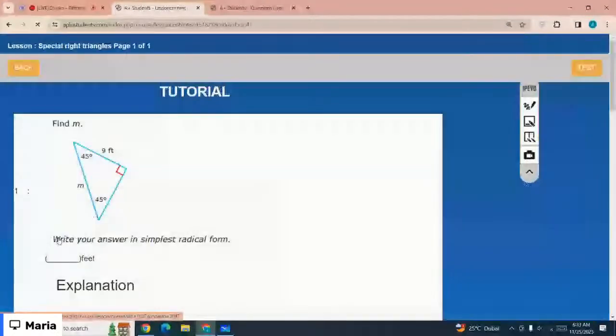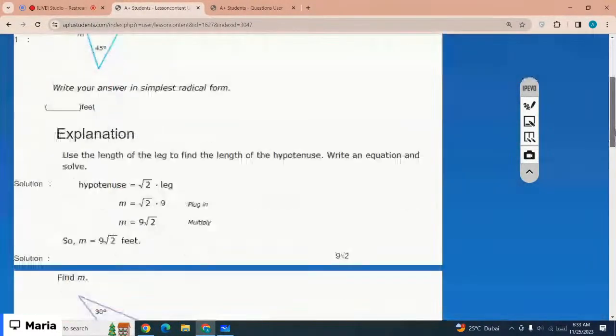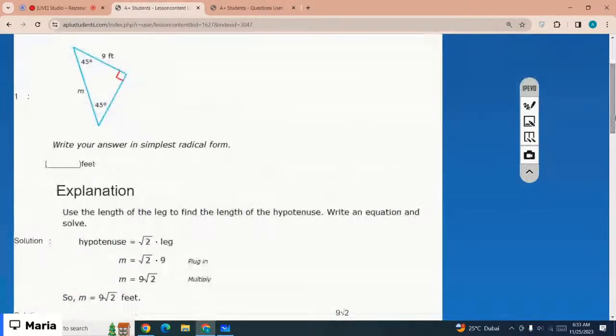Okay, so find m. You are given just one of the side lengths, right? And all the three angles. You have to calculate the side length. So how do you calculate? Whenever you have to calculate, you need to calculate the length of the hypotenuse actually, right?